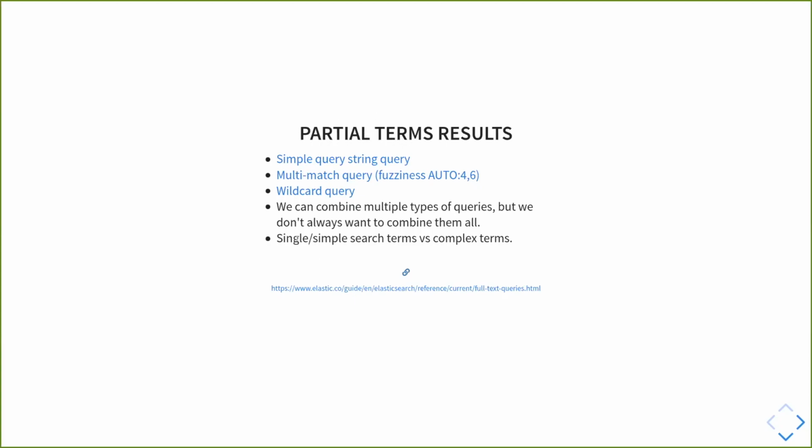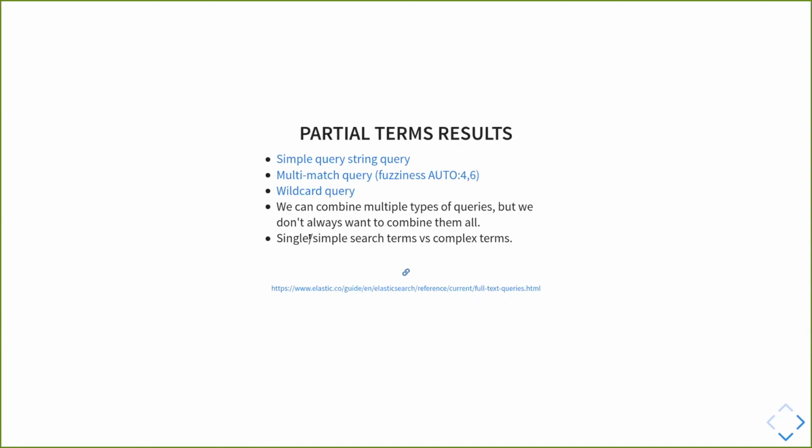But there is a problem: we don't always want to combine them all, because they may be slow or may not give relevant results. So to improve that, we separate each search into some categories. A single term, like a single word, is going to use a wildcard query, also with some fuzziness level.